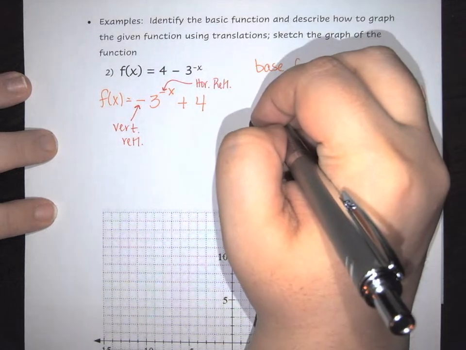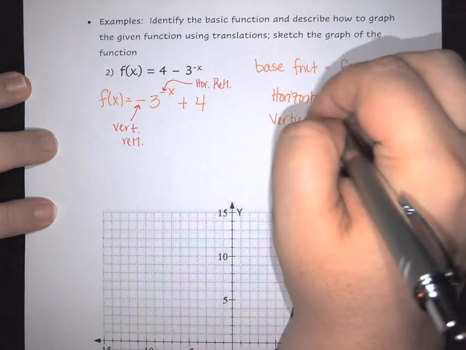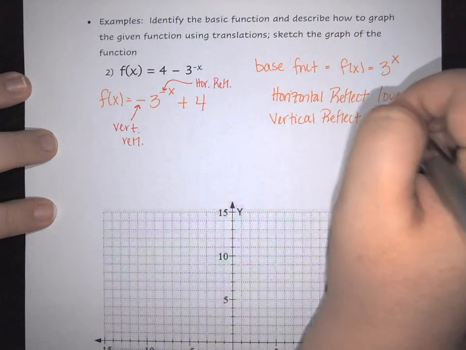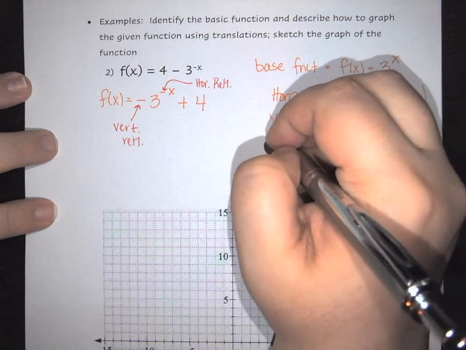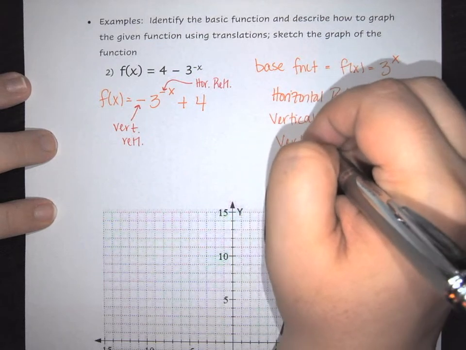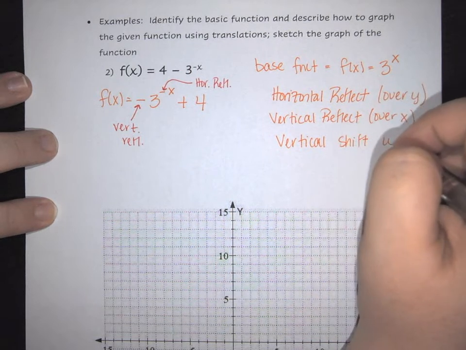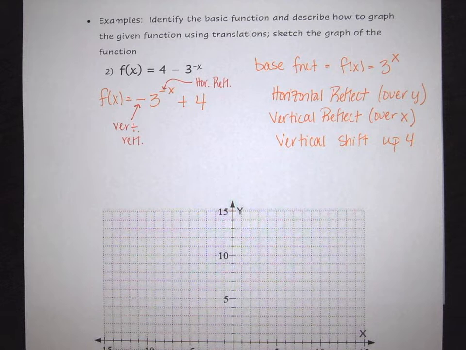I then have a vertical reflection, which is over the x-axis. I then have my very last, which is a vertical shift, and in this case we're going to go up 4. Okay. So we have our two reflections that are going to go on.